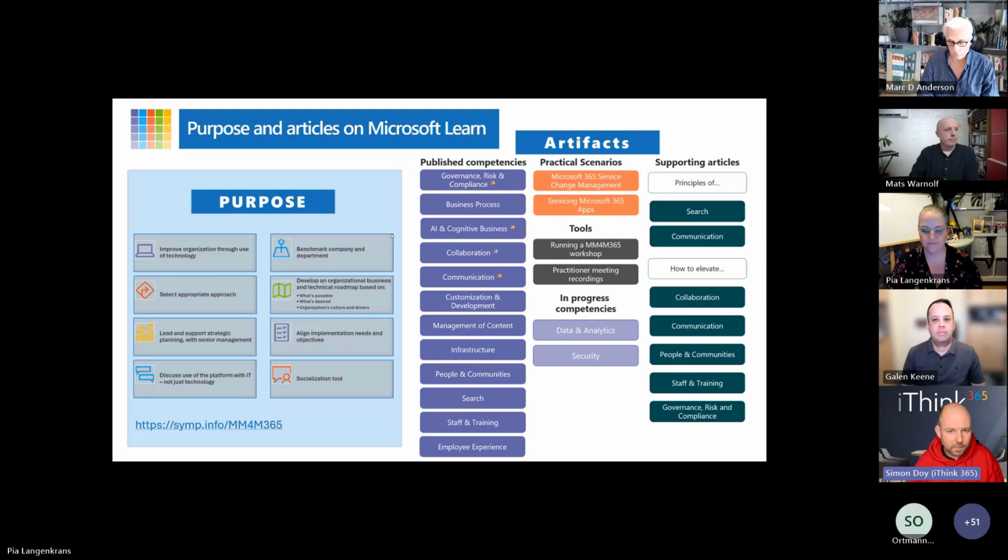We've got published competencies, and practical scenarios looking at how we can apply this capability and the maturity model to improve these things. We've got supporting articles which give that grounding of what we mean by search or communication, and we've got some how-to-elevate content, describing the things you can do to move your maturity from one level to another.